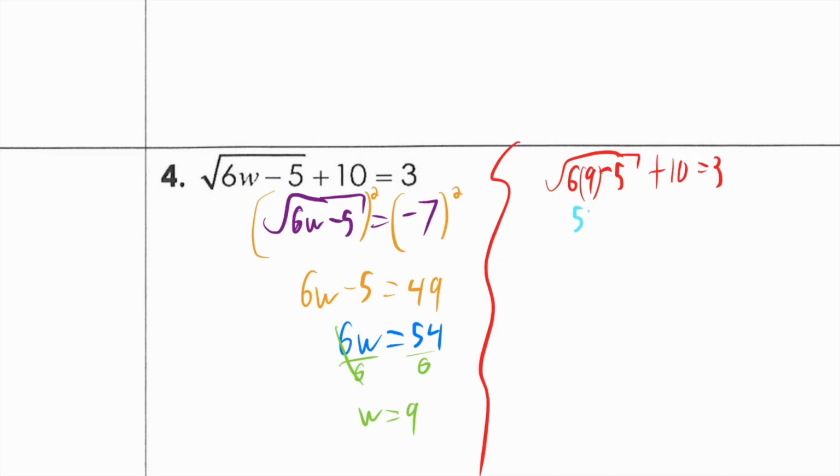We get square root of 54 minus 5 plus 10 equals 3, which ends up being square root of 49 plus 10 equals 3, giving us 7 plus 10 equals 3, and that's just not true. 7 plus 10 most certainly does not equal 3, it equals 17.